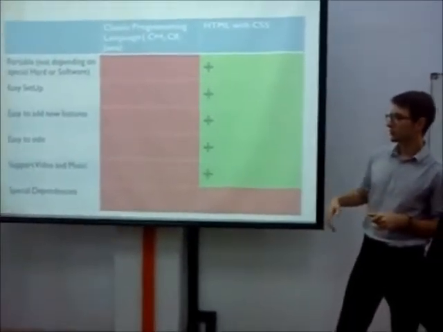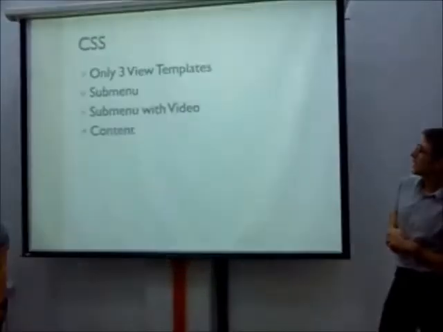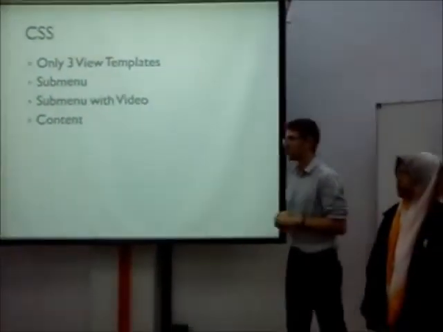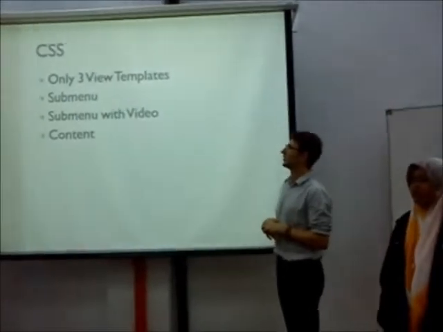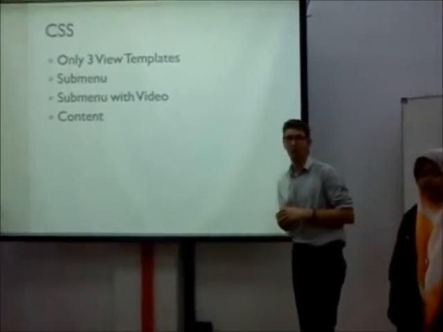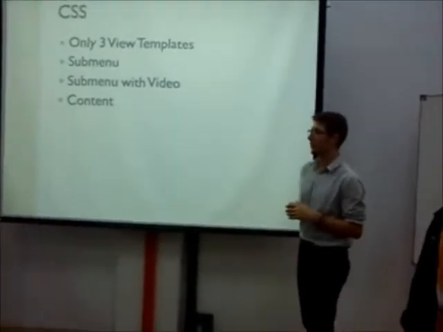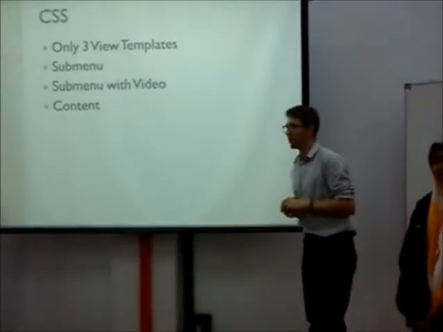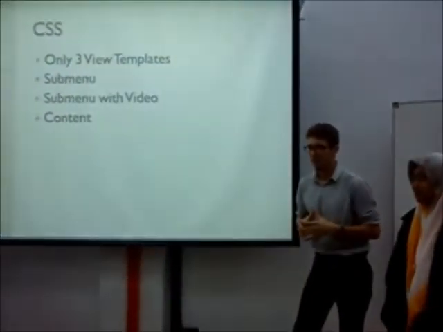So we move on to the next slide, and we explain to you the special feature of our product, that's the CSS. CSS is Cascading Style Sheets, and that's for programming the interface. And CSS is quite easy. It just has three main interfaces.